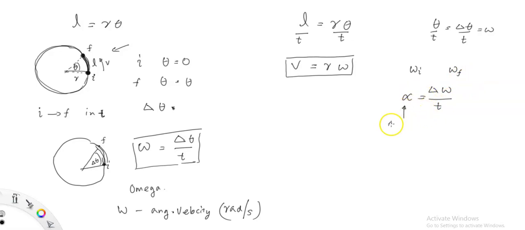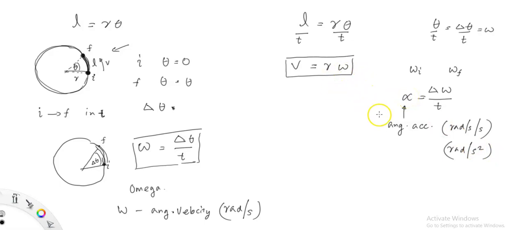This is called angular acceleration. Omega is already radians per second, we divide it again by second, we get radians per second squared. That's angular acceleration measured in alpha. This tells you how fast the angular speed is changing.